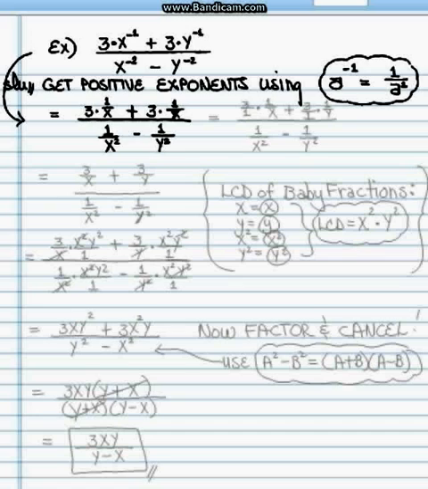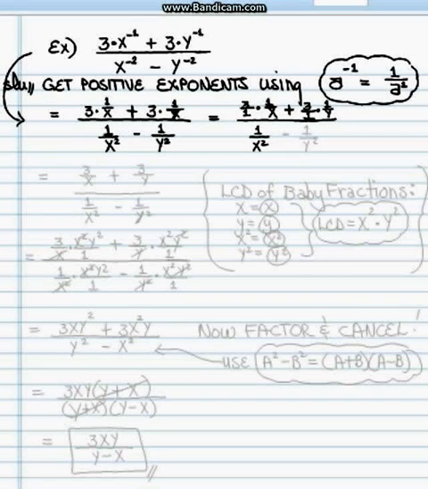All right, let's go ahead and simplify that a little bit further. So 3 times 1 over x. Remember, 3 is the same as 3 over 1, so I want you to see it like this: 3 over 1 times 1 over x, then the plus sign, 3 over 1 times 1 over y. And then on the bottom, it's just what we have, 1 over x squared minus 1 over y squared.